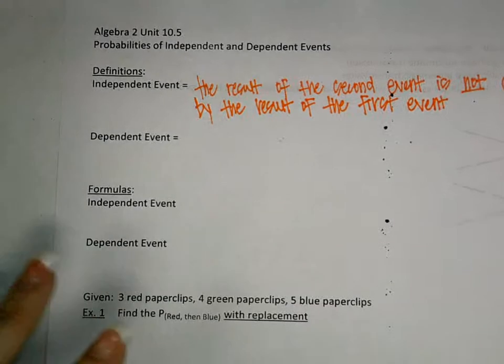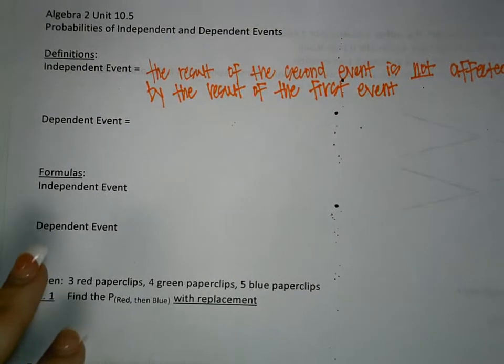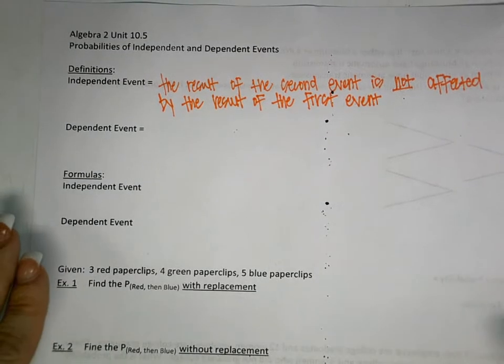Affected with an A. The result of the second event is not affected by the result of the first event.